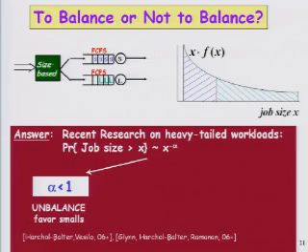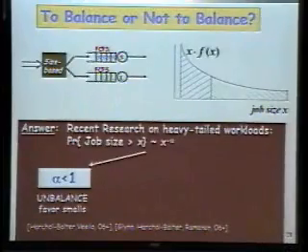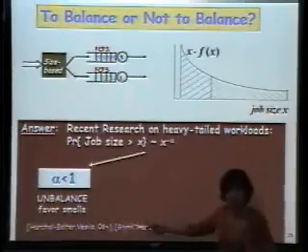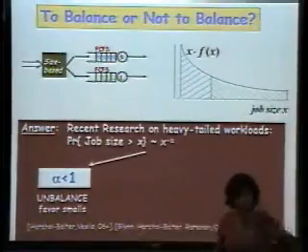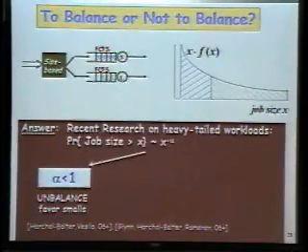So if alpha is less than 1, which means a super, super heavy tail distribution, like the fattest of fat tails, you want to unbalance, and you want to favor the small jobs. So you want the small jobs to be running under extra light load, which might make some sense because most jobs are small, so most jobs are at the small server, and you want to help them out by running them on a really light load. And that will be the best for the system overall.